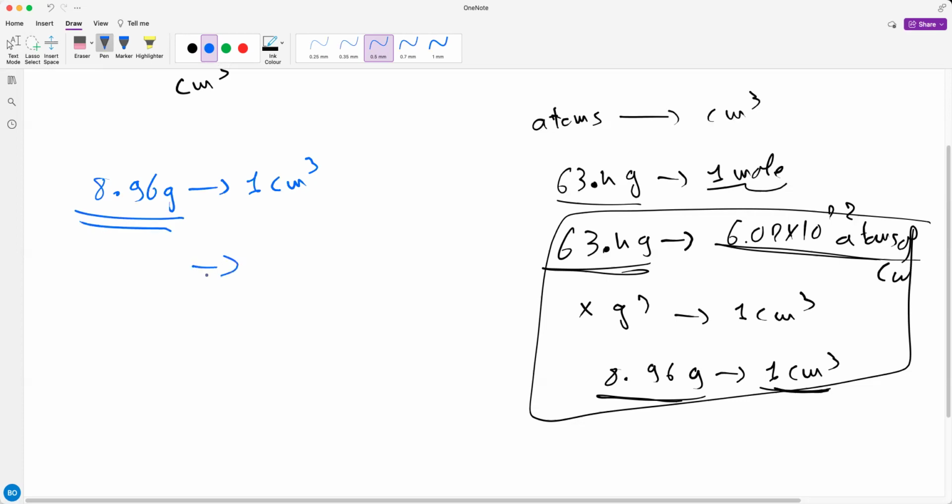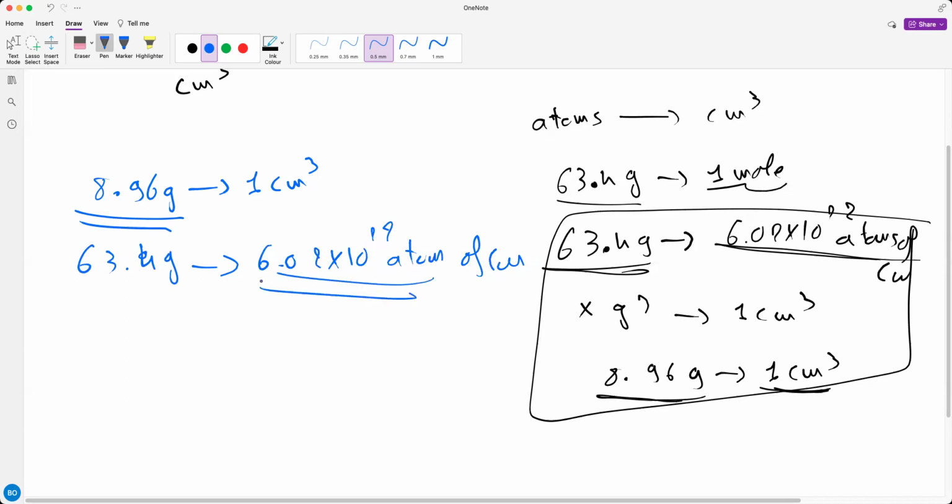And I know that in 63.4 gram, I have 6.02 times 10 to the power of 23 atoms of copper. So what I want to know is how many atoms in a cubic centimeter. What do I have to do?